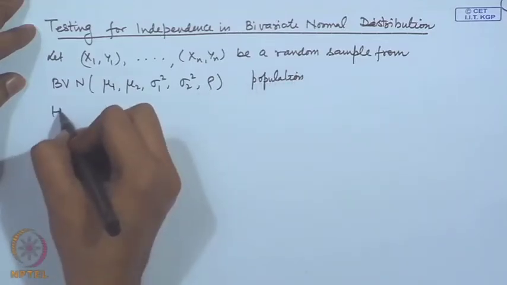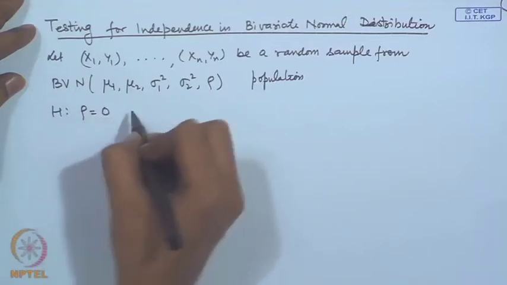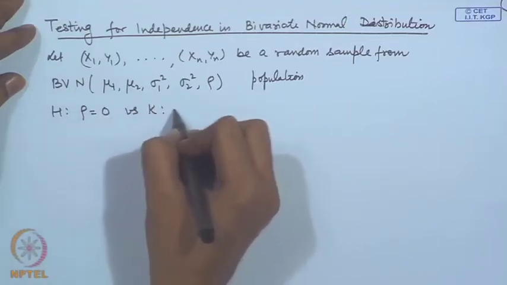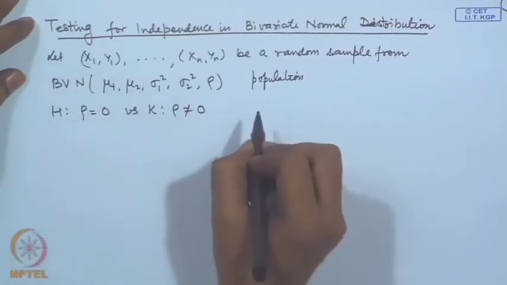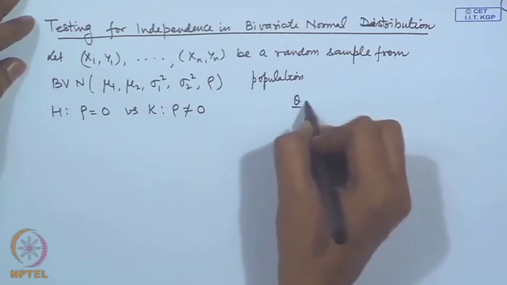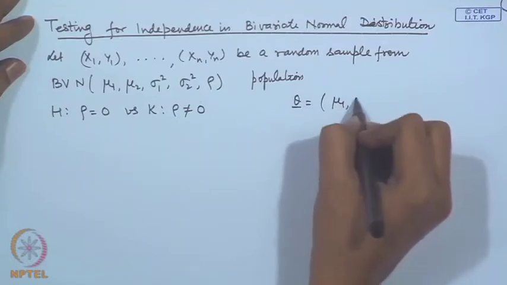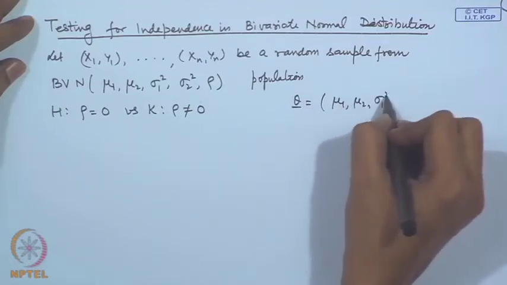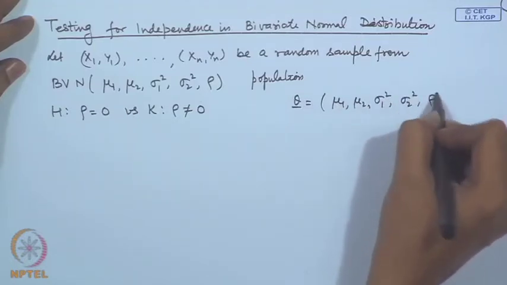And we want to test the hypothesis whether rho is equal to 0 against rho is not equal to 0. This is the condition for independence. Our parameter here is the 5 dimensional (mu 1, mu 2, sigma 1 square, sigma 2 square, rho).